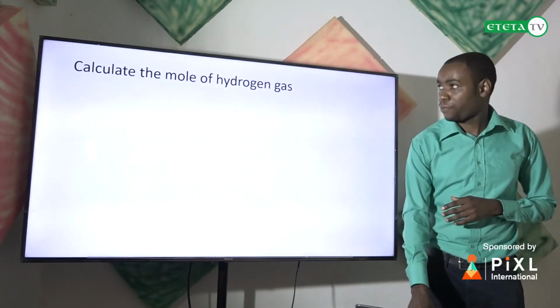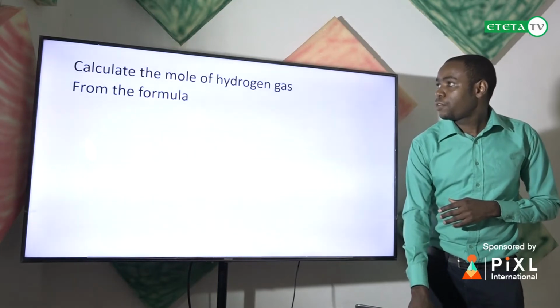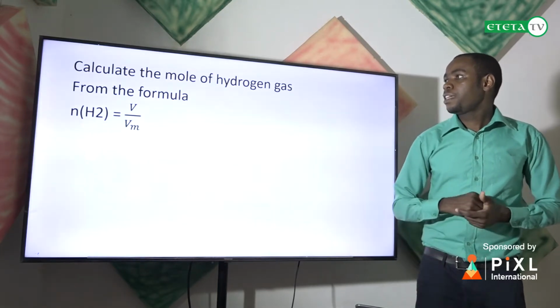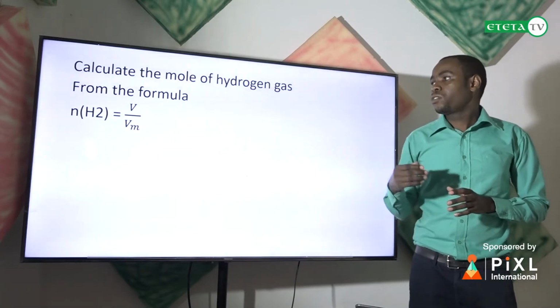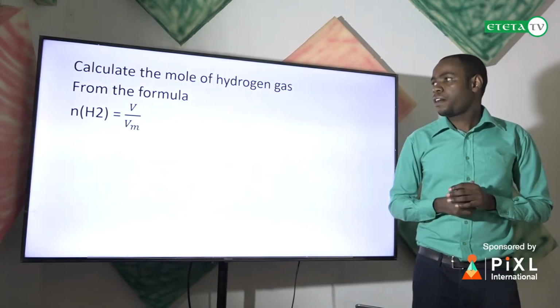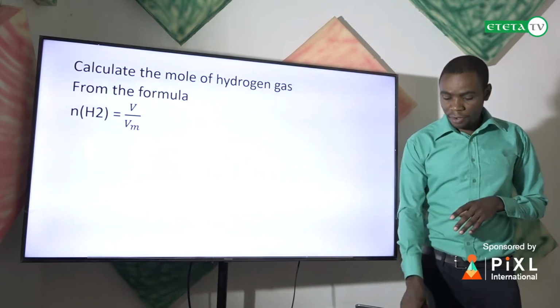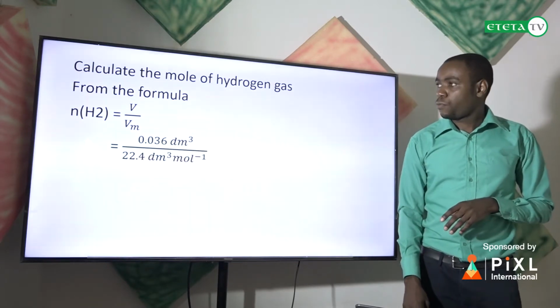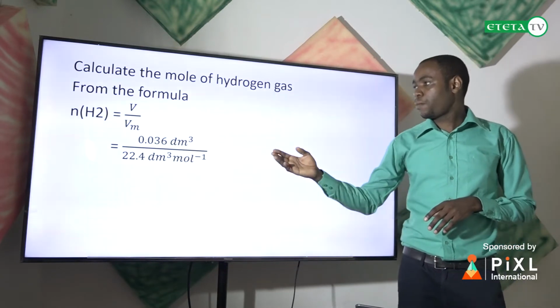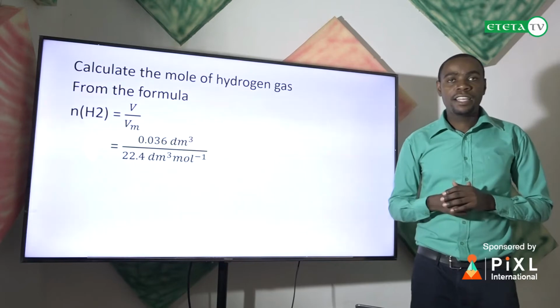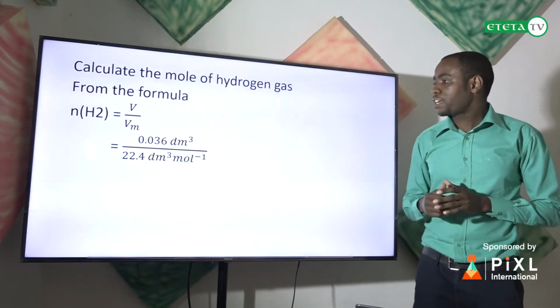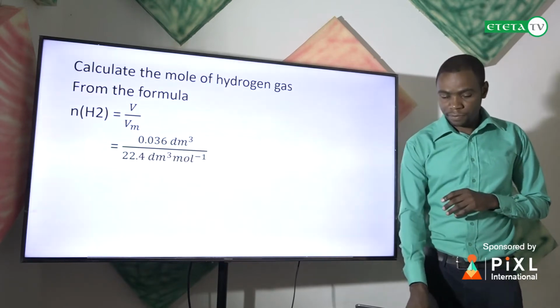You have to convert that volume of hydrogen gas to number of moles. How could you convert? You can convert by using this formula. The number of moles of hydrogen gas is equal to volume over molar volume. Now, the number of moles of hydrogen gas is equal to 0.036 decimeter cube divided by 22.4 decimeter cube per mole.